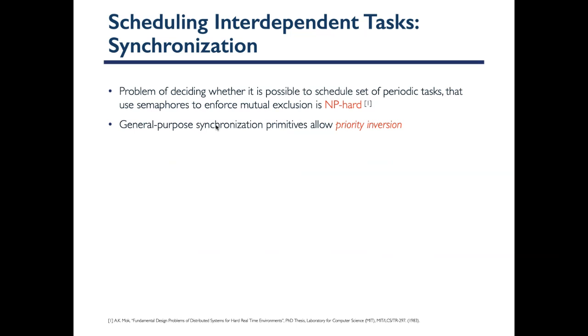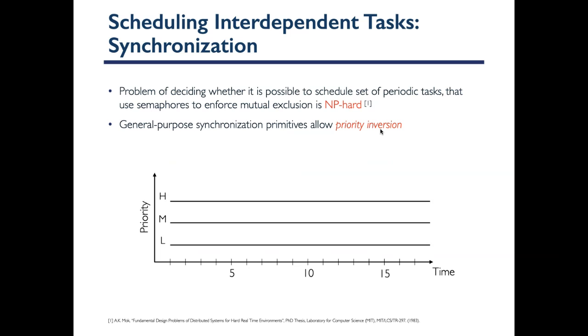So here, in the few coming slides, I want to tell you why that general purpose implementation of synchronization primitives might not be the best you could do if you have a real-time system. We talked about priority inversion previously, so let me actually talk about it in the context of real-time systems.